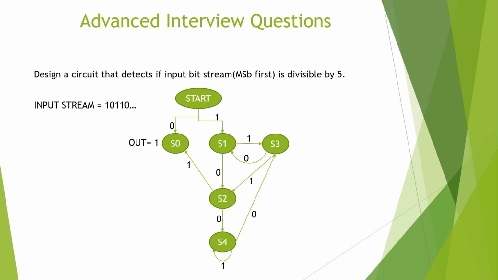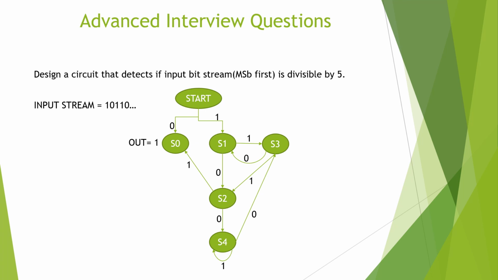So that's the concept. If you see all the states here, S1 means the remainder is 1. When you get a 1 bit in the S1 state, your next state will have a remainder 3, because you multiply by 2 and add 1. If you get a 0 in S1 state, then your next state remainder will be 2, because you multiply by 2 when you get a 0.